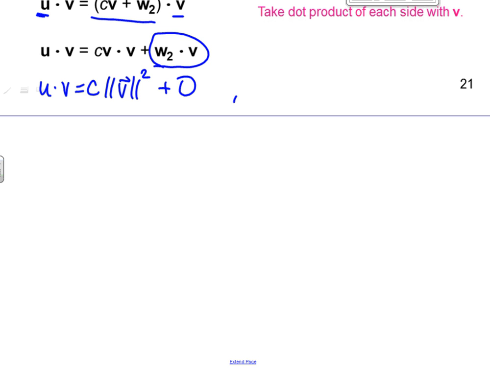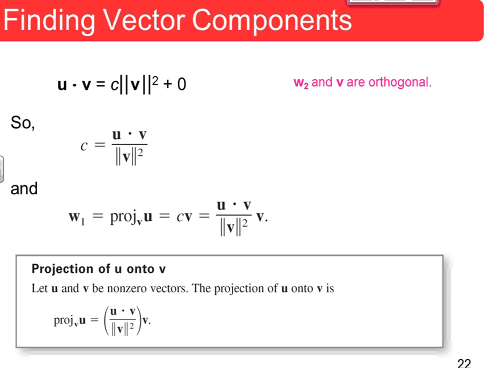And I want to get C alone. If I want to get C alone, I'm going to divide by the magnitude of V squared. So U dot V divided by the magnitude of V squared is equal to C. And then I can flip that. Here's our next slide from the book authors. We just talked about that being 0, and then we get C this way.